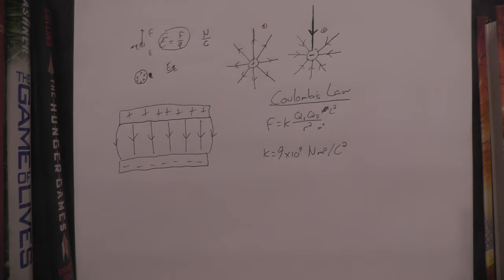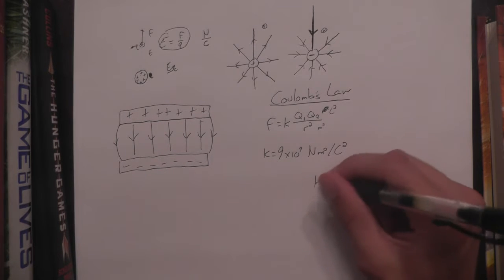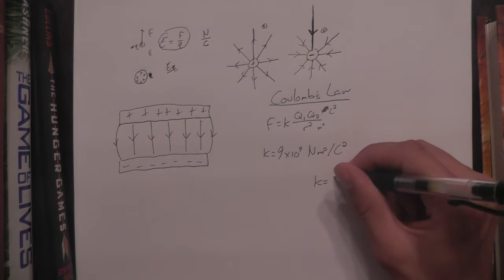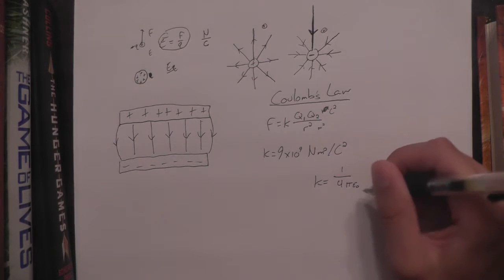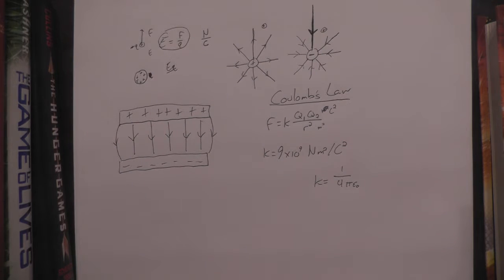Now, that constant of proportionality comes from something called permittivity. We can calculate that using the formula 1 over 4 pi epsilon naught. And epsilon naught is the permittivity of a vacuum, because we always study these electric fields in a vacuum. Permittivity of different mediums are different, but we don't really care about that.